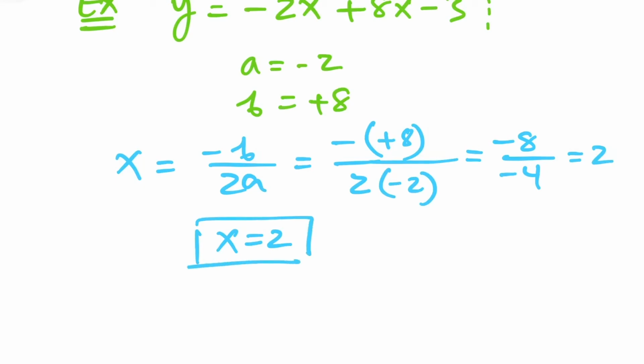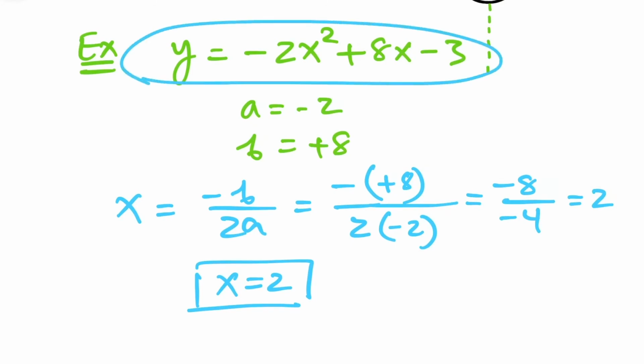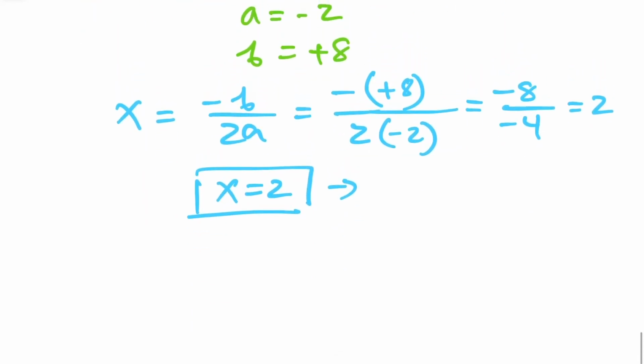So x equal to 2 will be our axis of symmetry of that parabola. Again, y equal to negative 2x squared plus 8x minus 3 represents a parabola, and x equal to 2 represents the axis of symmetry of that parabola.